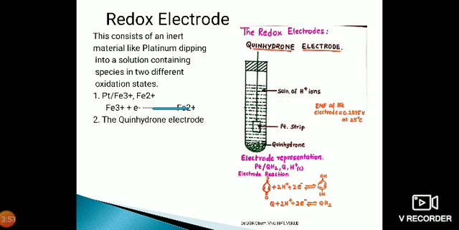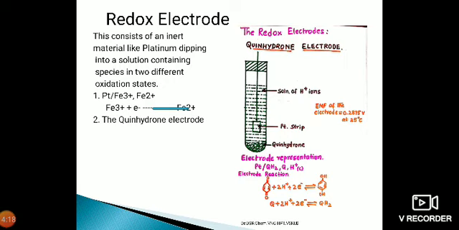That means a platinum wire is used for making an electrical contact, and that is placed in a solution of iron with two different oxidation states, Fe3+ and Fe2+. And the reaction here: Fe3+, ferric, by accepting an electron, converts itself into Fe2+. Ferric is converted into ferrous.